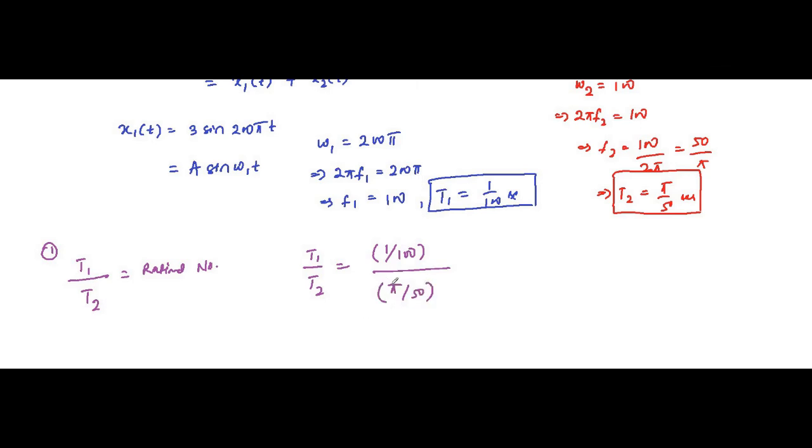So as you can see, because of the presence of pi, it will not get cancelled because there is no pi in the numerator. So the resultant, which will be 1 by 2 pi, is not a rational number.